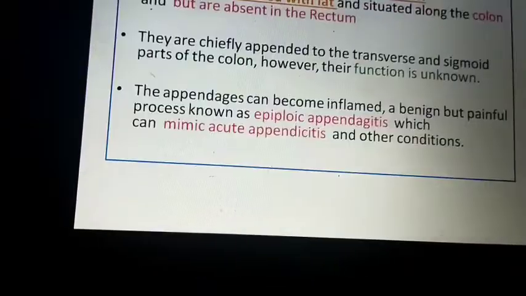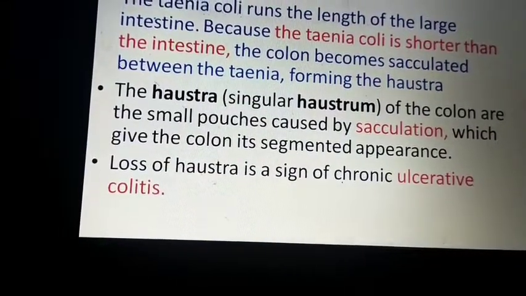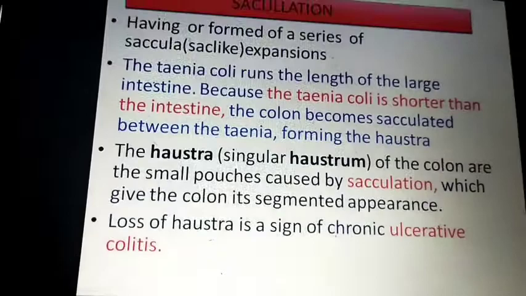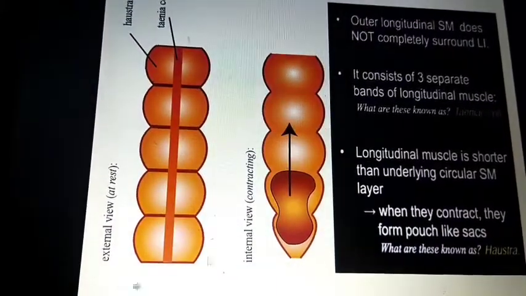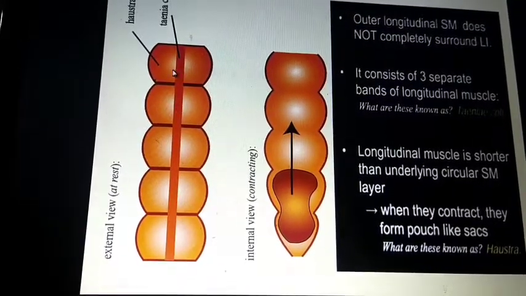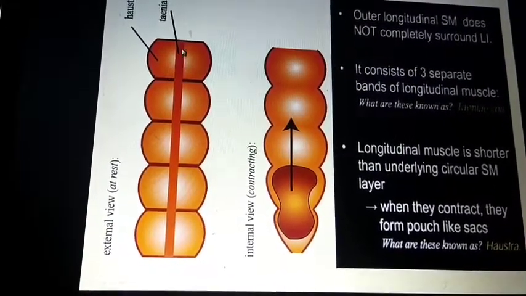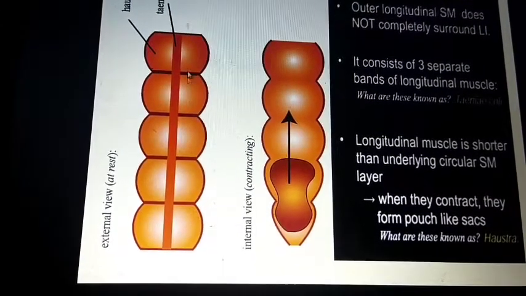Because of the small length, there is contraction of the intestine. Because the tinea coli has a smaller length than the large intestine, there is contraction of these muscles.